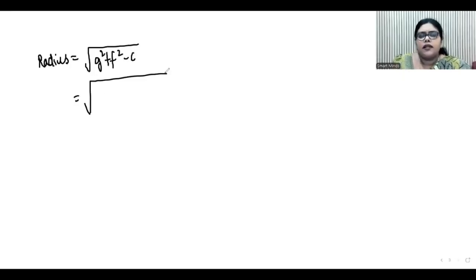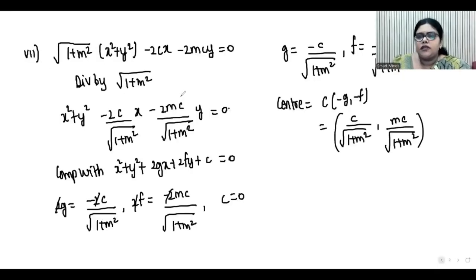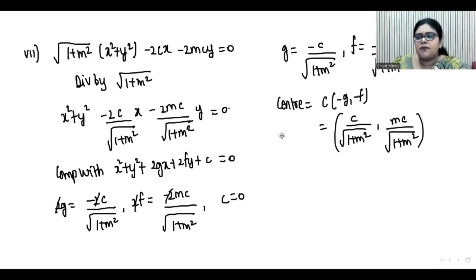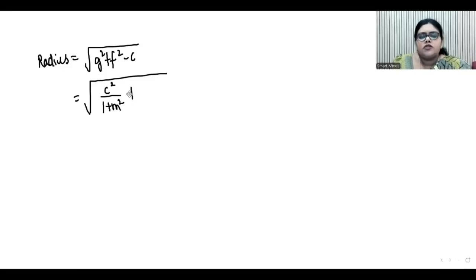So what is the radius? Formula for radius is root over g² + f² − c. What is g? g is −c/√(1 + m²). So g² will become c²/(1 + m²). Then what is f? f is −mc/√(1 + m²). So f² will become m²c²/(1 + m²).